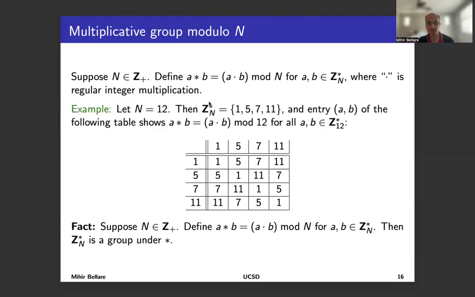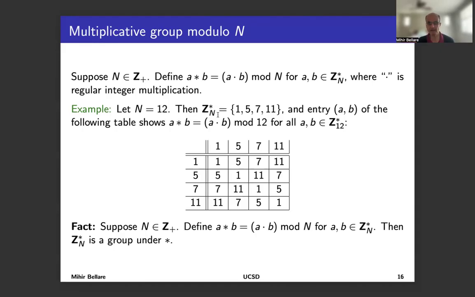So, for example, if we set n to 12, then the operation would be multiplication mod 12. The second change is that we change the set. It's no longer Zn, but Zn star. And remember, that means everything from 0 through n minus 1 that has no common divisor with n.